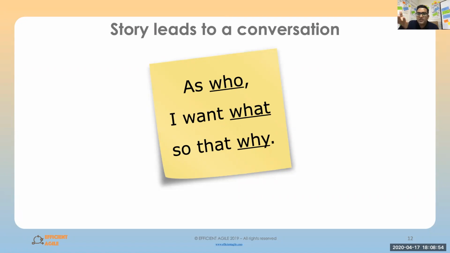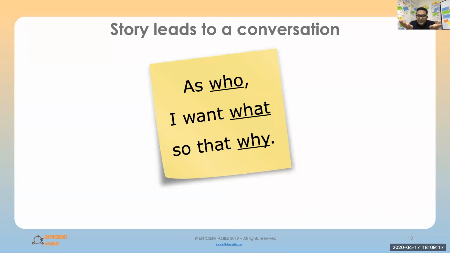What actions are the users going to take? And why? What is the business value? So when you write a story, it should be: as a role, I would like to be able to take some actions to achieve a business value. That's the key.